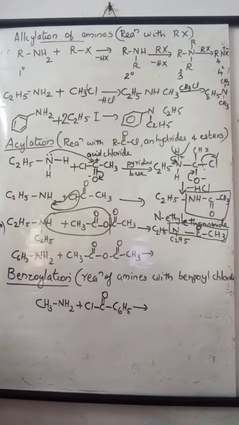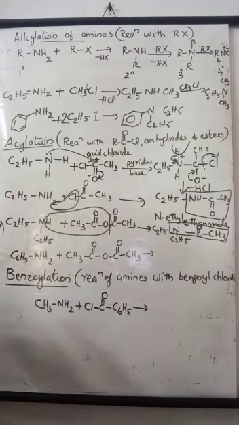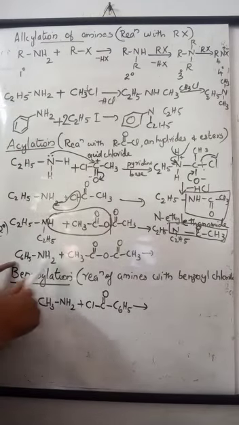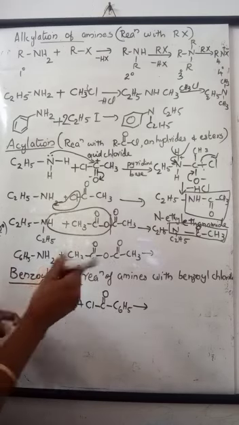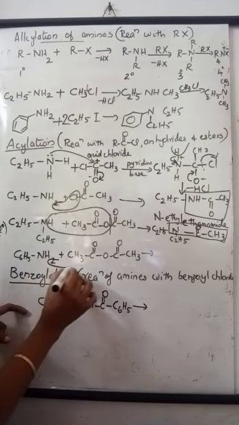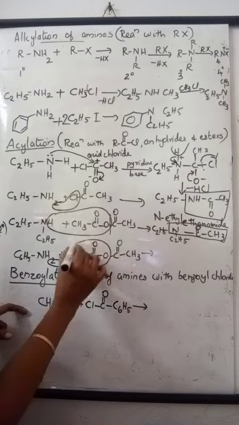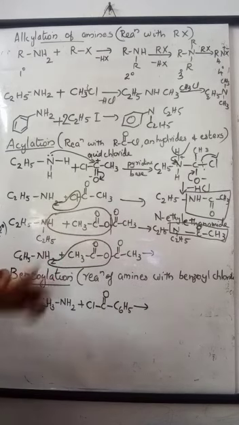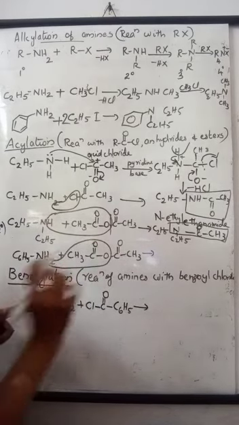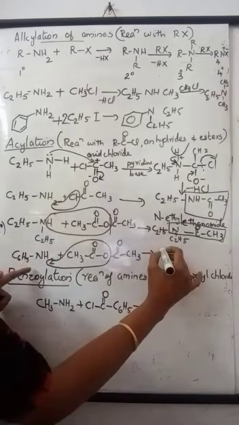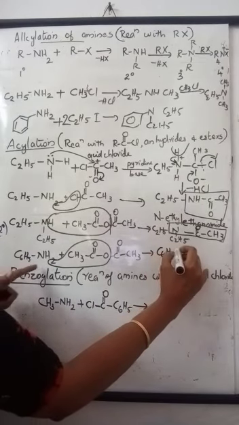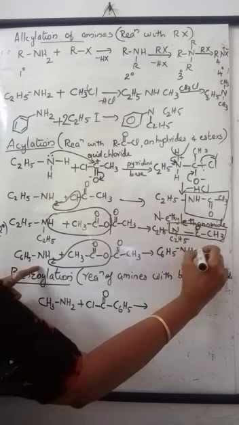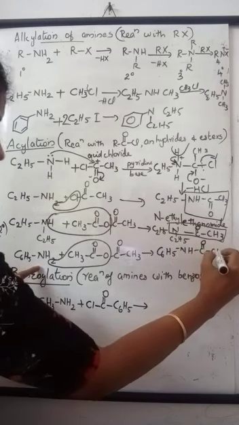Aromatic amines also undergo acylation reaction. This aromatic amine is aniline. When it reacts with acetic anhydride, here also a hydrogen of the amino group and the CH3COO group of the acetic anhydride, or ethanoic anhydride, are eliminated as a molecule of acetic acid, and we get the product C6H5NHCOCH3.